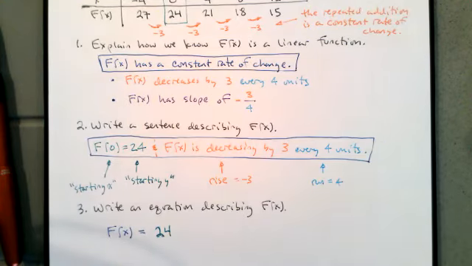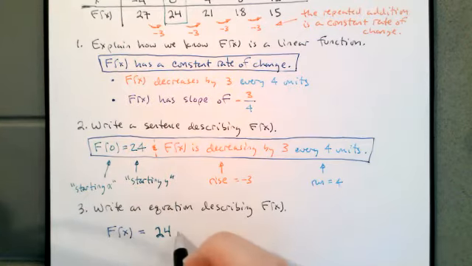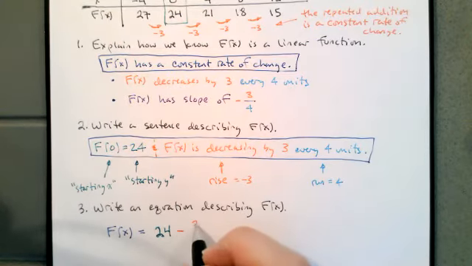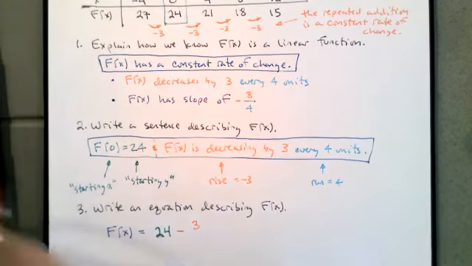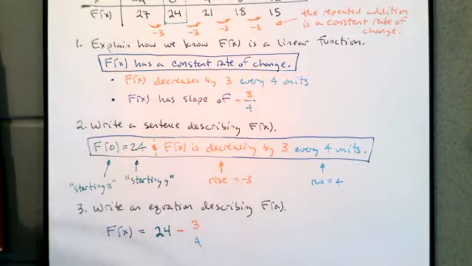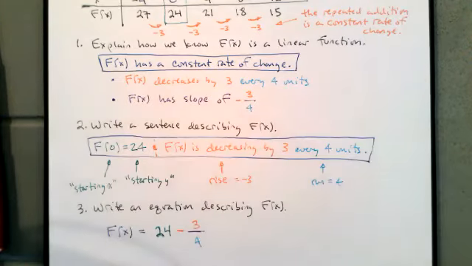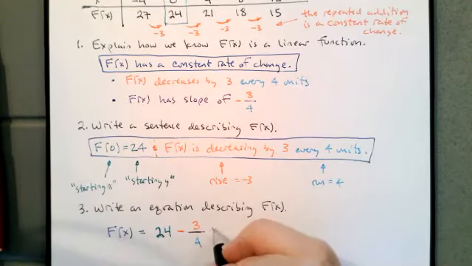And then I want to say what's happening in one number. I want to take the rise over the run. So I'm now going to put the slope of negative 3/4. So f of x is 24, and then decreases by 3 every 4 units. So we say then times x.